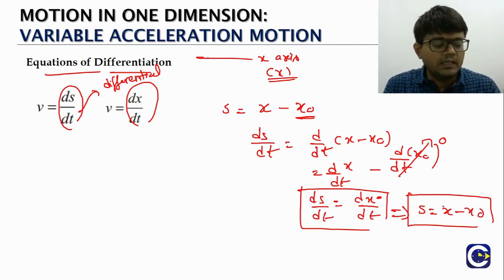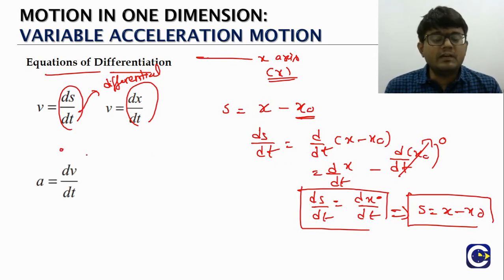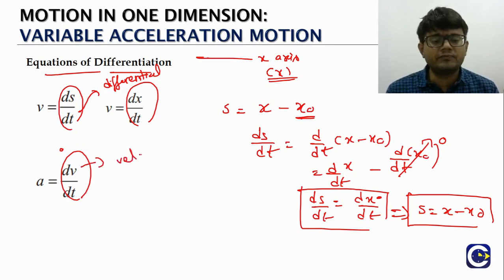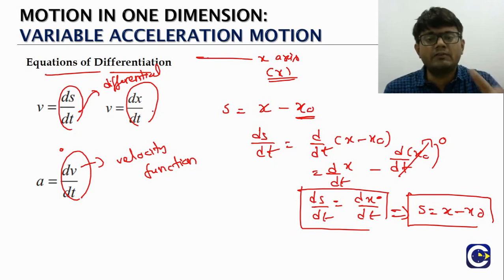Okay, the other one is the instantaneous acceleration, which will be given by the rate of change of velocity, again for a very small interval of time, that is the differential time element. So if we know the velocity function, by taking a derivative of the velocity function we can find the acceleration. Just like if you have a position function, taking a derivative we will get the instantaneous velocity. Take the derivative of the velocity function, we will get the instantaneous acceleration.